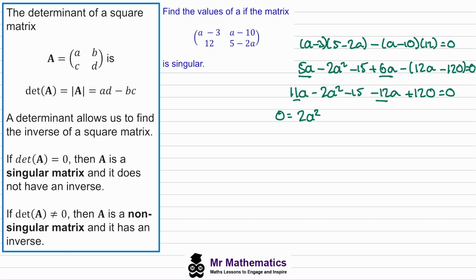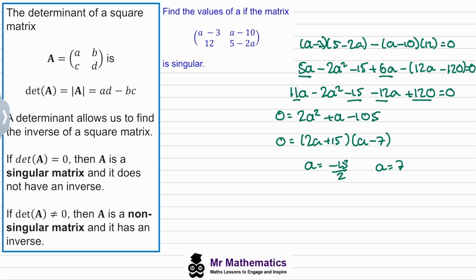This negative 1a becomes positive a, and this positive 105 becomes a negative. Then we can solve this equation. So we get (2a plus 15) multiplied by (a minus 7). So our a values are negative 15 over 2 and positive 7. Okay?